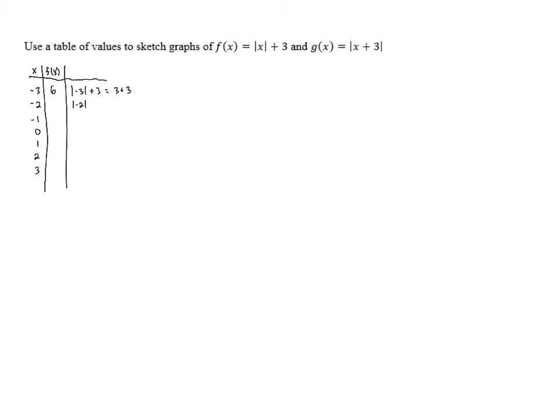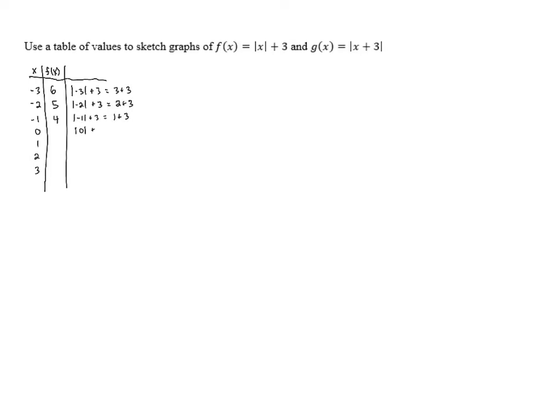Let's try -2. The absolute value of -2 is positive 2, and 2 plus 3 gives us 5. Let's look at -1. The absolute value of -1 is positive 1, and 1 plus 3 gives us 4.